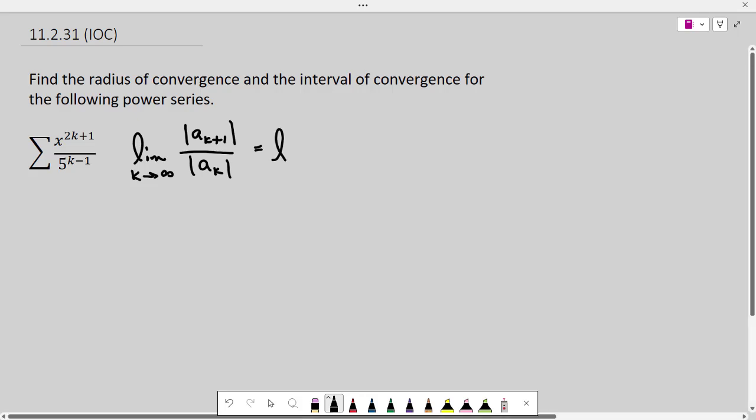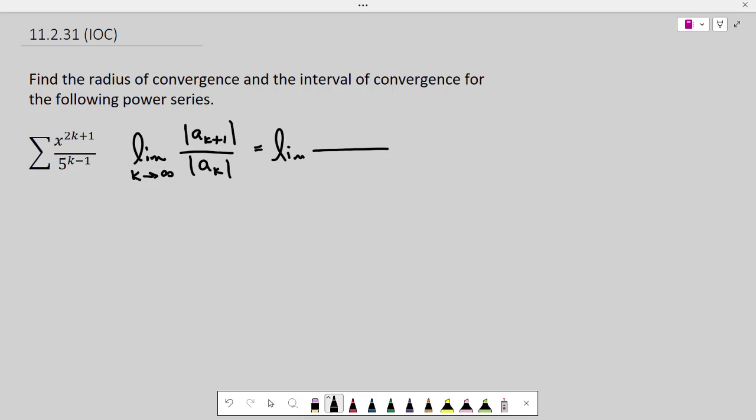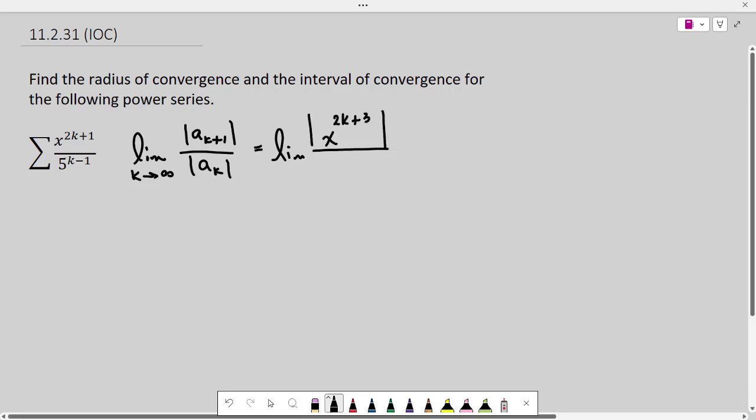Okay, so this is going to be the limit of a sub k plus 1. So wherever there's a k, we're replacing it with k plus 1. So up here, this is going to be x to the 2k plus 3. Everybody see that?